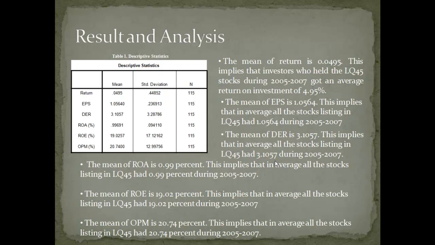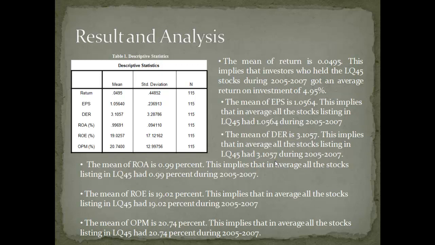The mean of DER is 3.1057. This implies that on average all the stocks listed in LQ45 had 3.1057 during 2005 until 2007. The mean of ROA is 0.99%.